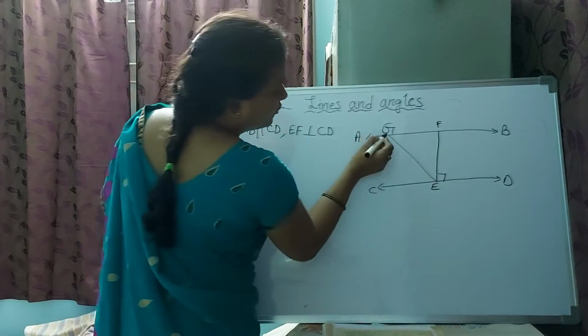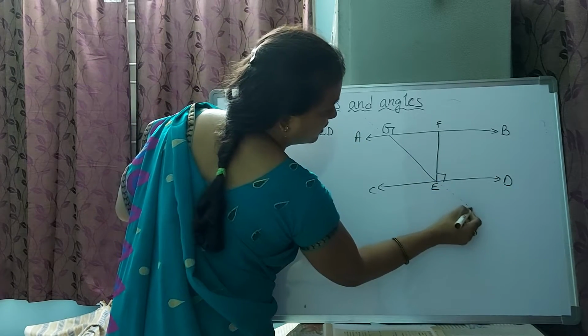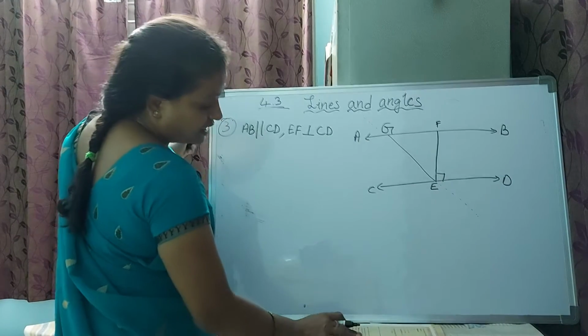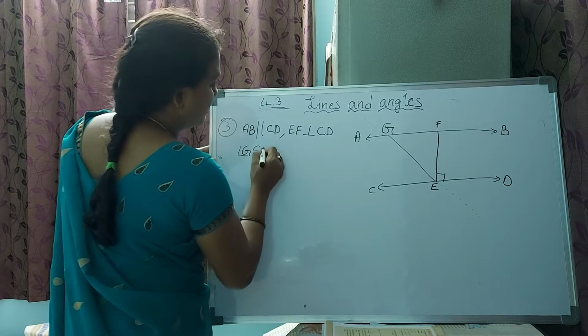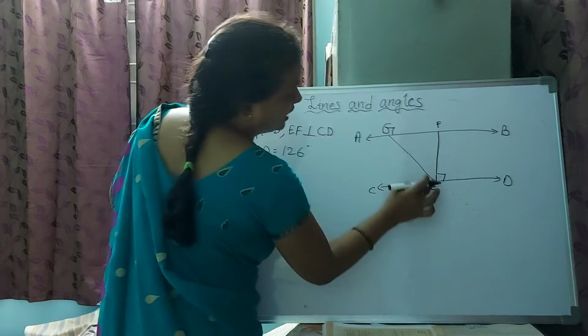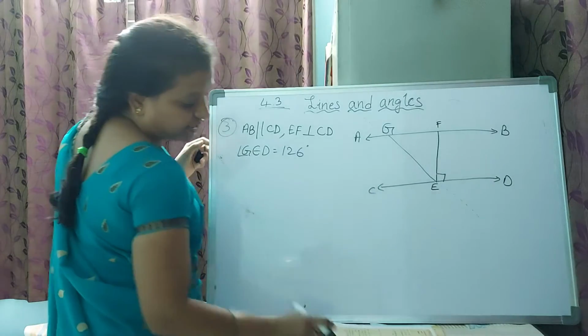GE, if you observe carefully, it is a transversal. Now we have to find angle GED. Angle GED is equal to 126 degrees, that means this total angle he has given is 126 degrees.